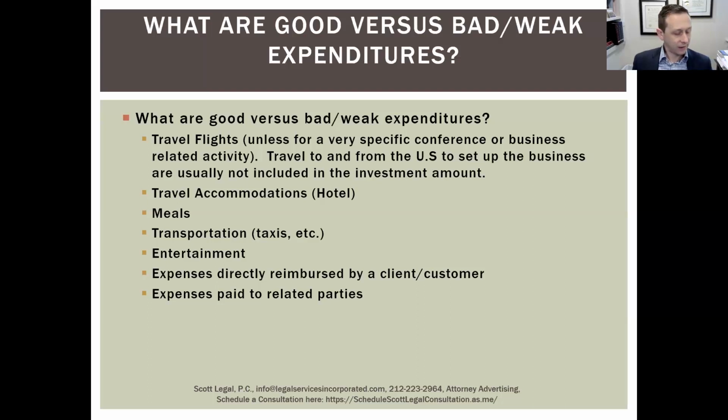Travel expenses, entertaining prospective clients. Don't include those in your application. So again, what you really want to show through your investment is that you've bought everything that this business needs to become operational.